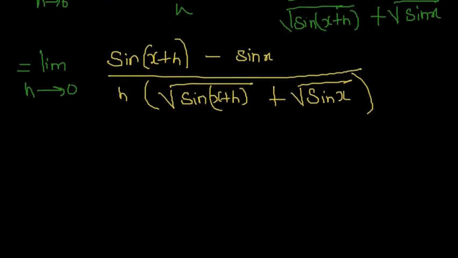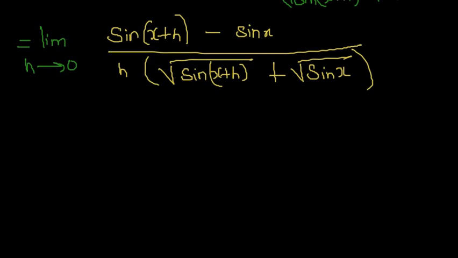Okay. Now if you check properly, the numerator is of the form sine c minus sine d. Instead of c I have x plus h, instead of d I have got x. So we'll try to use that trigonometry formula. If you want to revise all the formulas, you can watch my videos on trigonometry formula.